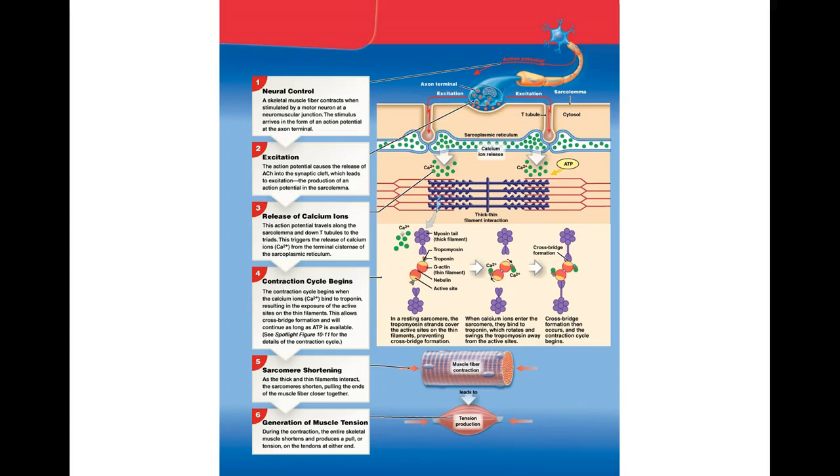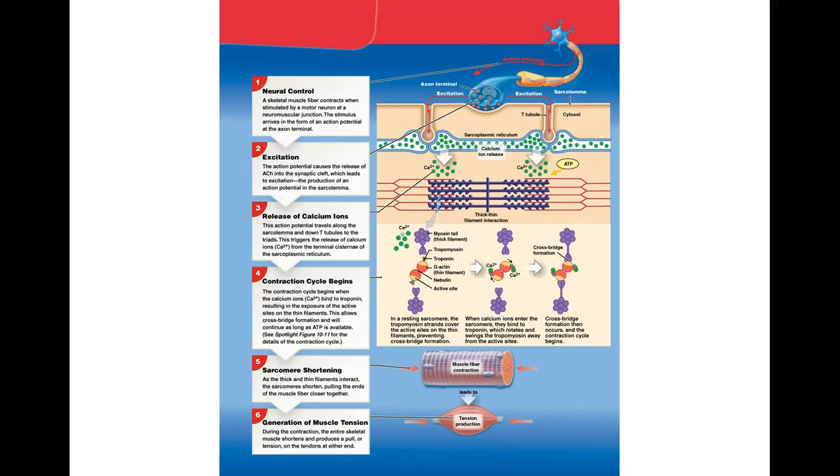So now the thin and thick filaments can attach to each other, and with the presence of ATP, that causes the head of the thick filament to actually bend back, remember, on the hinge area, and that creates the sliding or the shortening of the sarcomere.